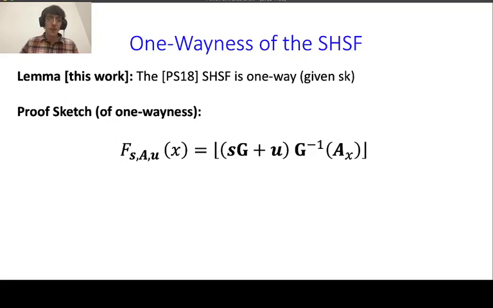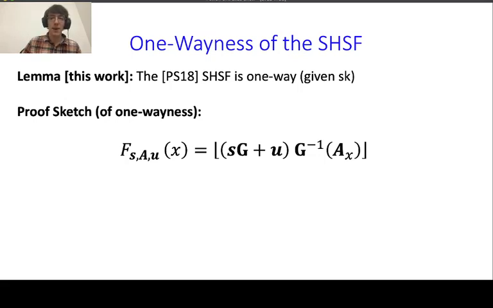Then the function output is a rounded version of a vector matrix product. So there's the vector SG plus U, which you should just think of as a random vector, and then G inverse of A sub x, which is a bit decomposition.